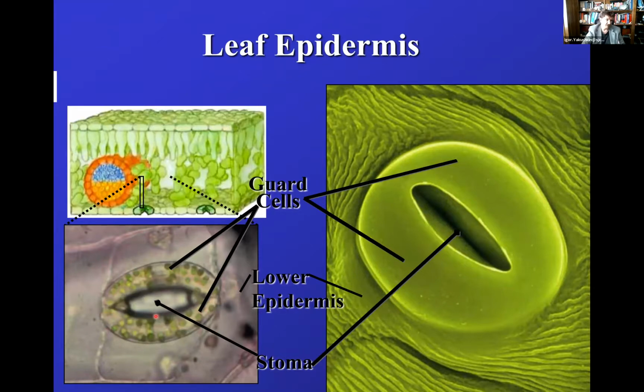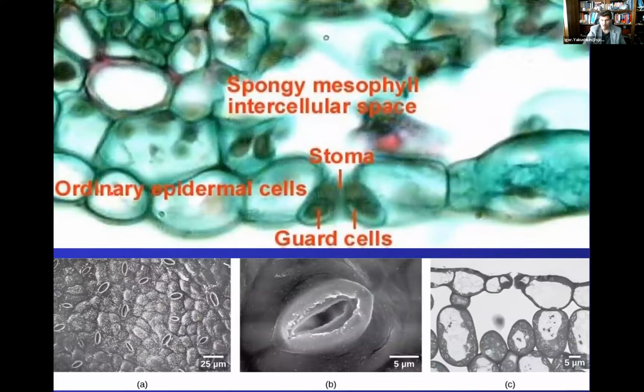They are live cells, and again, water pumped in, they close up, water is pumped out, they will open up, so the gas exchange can occur. But the gas exchange, again, carbon dioxide goes in, will be used during photosynthesis, oxygen will be leaving. And here's another picture showing you the lower epidermis and the guard cells, and this is the opening known as the stoma.